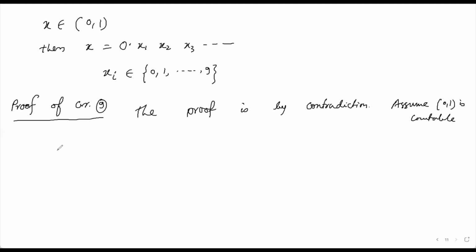Then we have a sequence f1, f2, f3, and so on, which is equal to the open interval (0,1). Since f1 belongs to the open interval (0,1), we can write f1 as 0.x11x12x13, and so on.